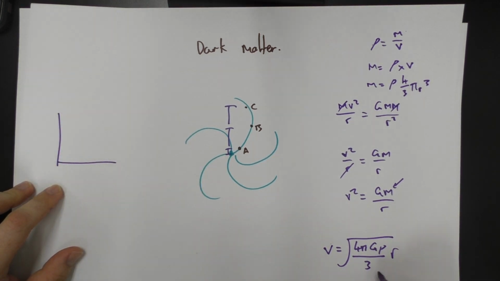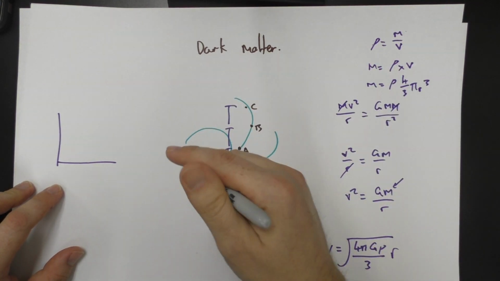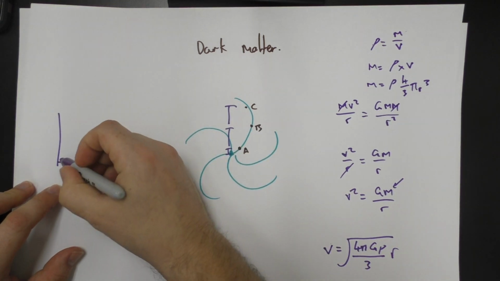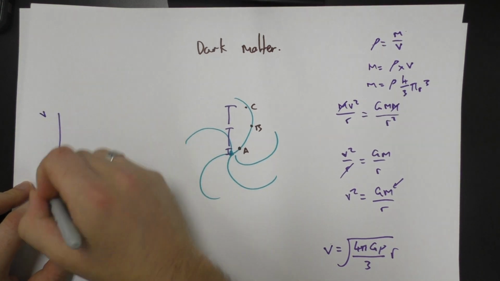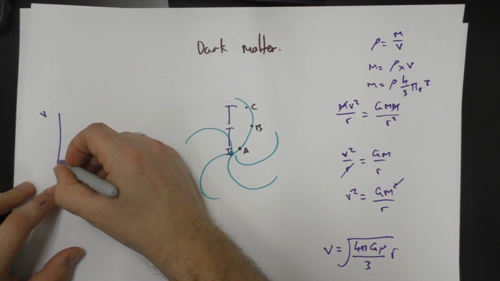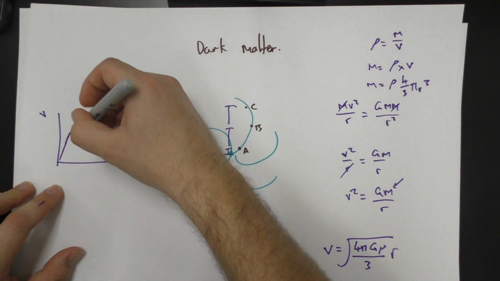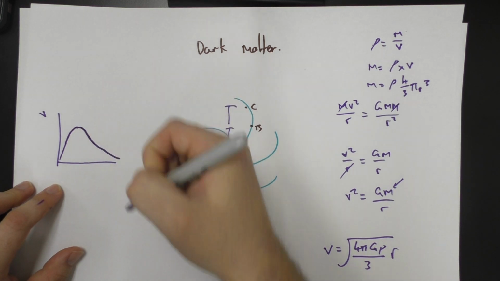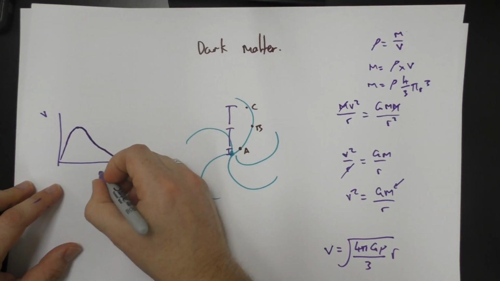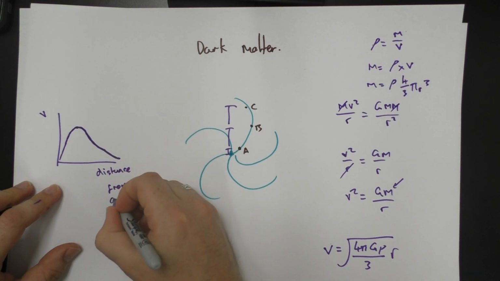So what we'd expect from this is because as we get further and further away, the gravitational pull gets less and less. So at the center, obviously, the rotational velocity is going to increase up to a point where it starts to lose the gravitational pull, and so as a result, theoretically, we would expect it to drop off as we go further from the center.